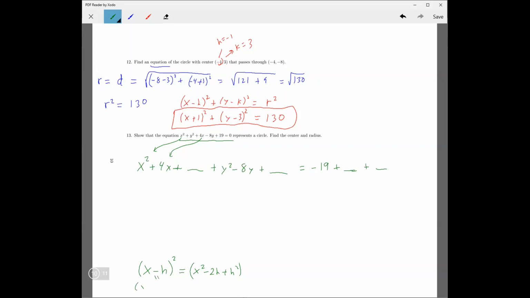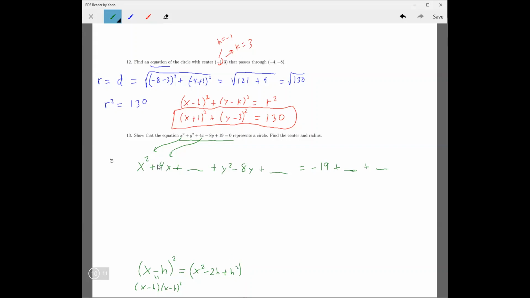If I expand this out, if x minus h squared is x minus h times x minus h, and I do the FOIL method, I get x squared, and then the outside gives you minus h, the inside gives you another minus h, so that's minus 2h, and then the last terms give h squared.